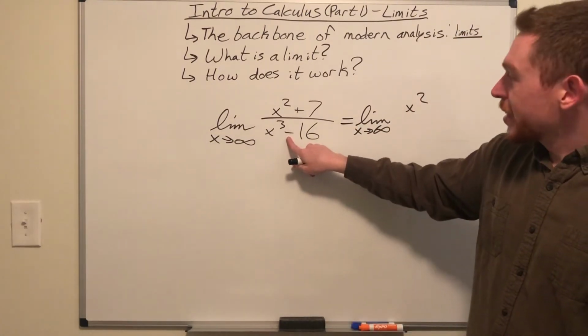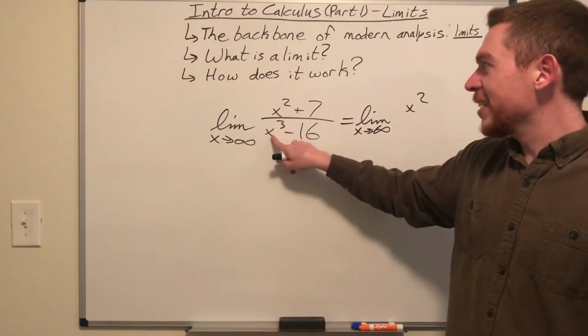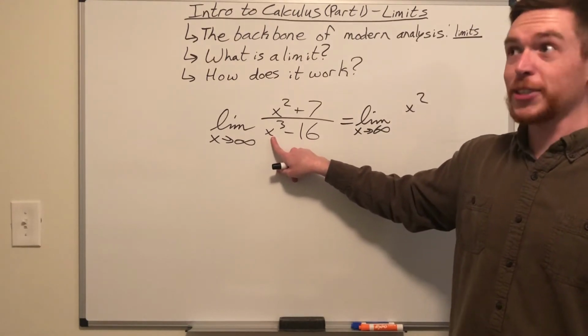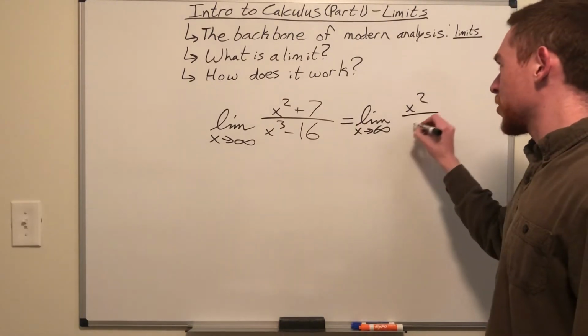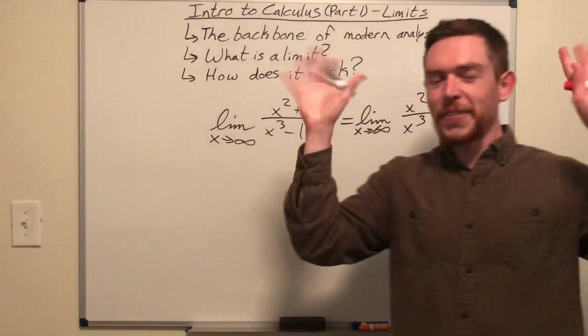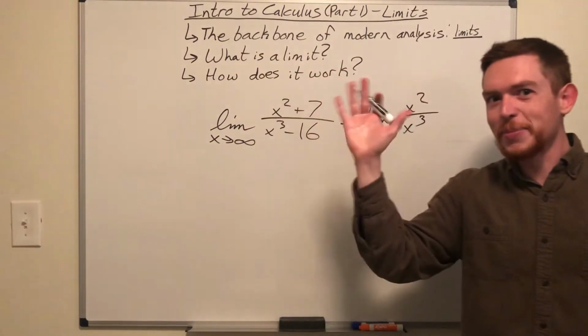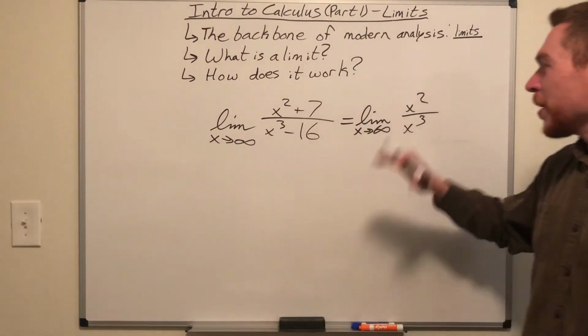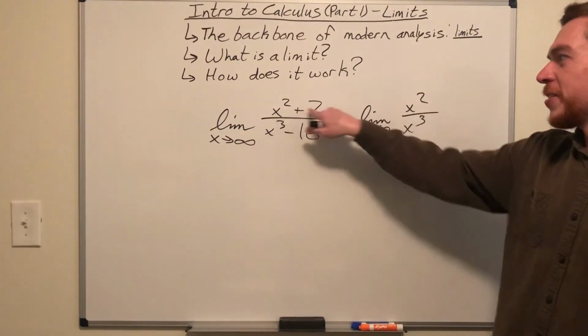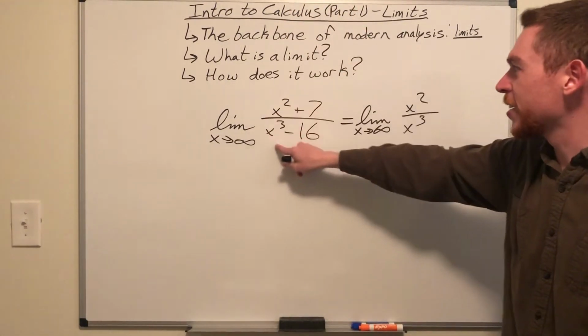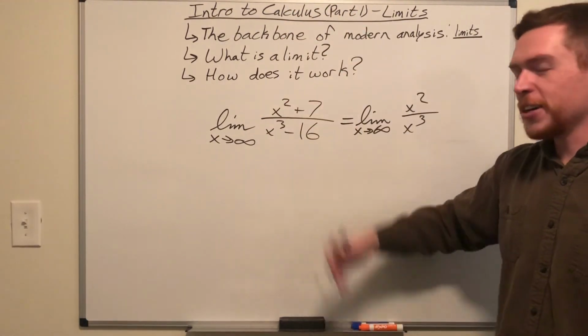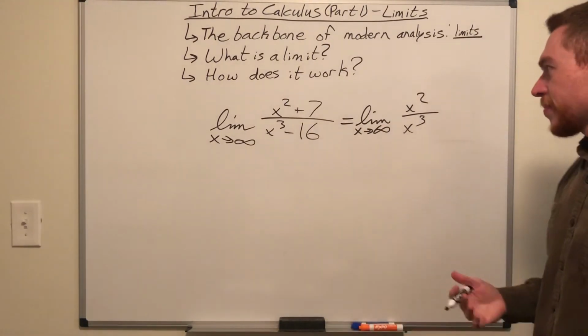And similarly, when you subtract 16, that's insignificant compared to x cubed as x goes to infinity. So we can basically ignore that. Again, I'm doing a lot of hand-wavy magic. Don't look at the man behind the curtain. But the big idea is that compared to infinity, constants really don't matter. We really just care about the variables as they're growing.